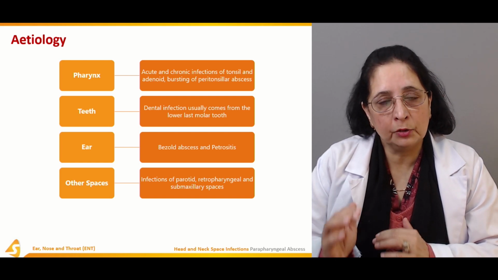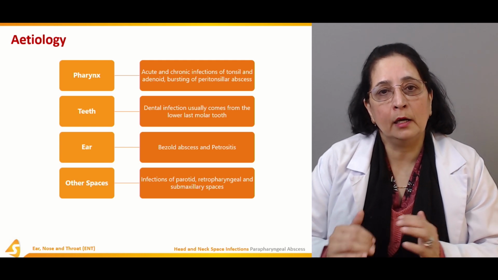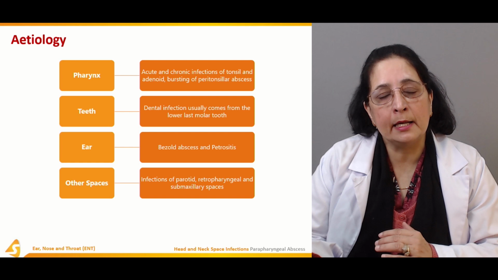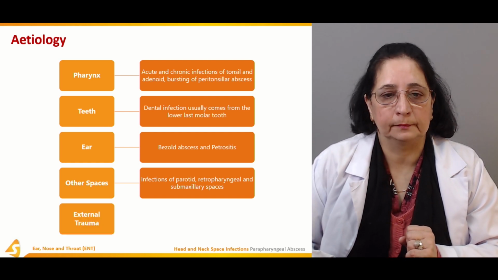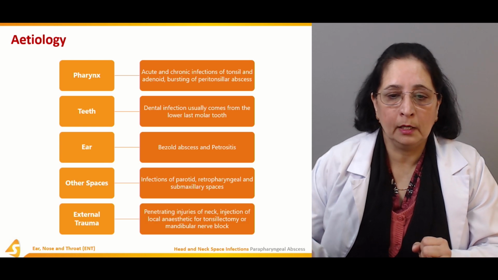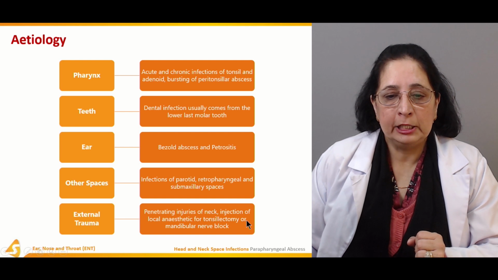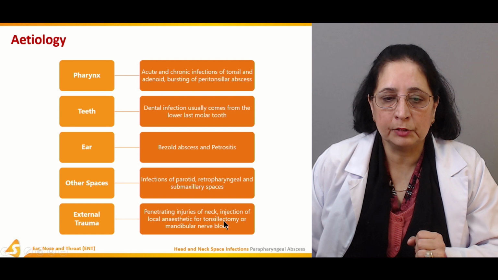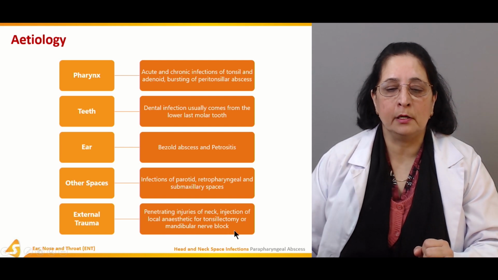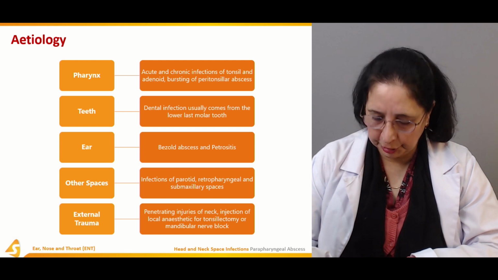So make sure that whenever these conditions are present, there are chances that they might end up leading to parapharyngeal abscess formation. External trauma like penetrating injuries of the neck, injection of local anesthetic for tonsillectomy or mandibular nerve block, can also cause parapharyngeal abscess.